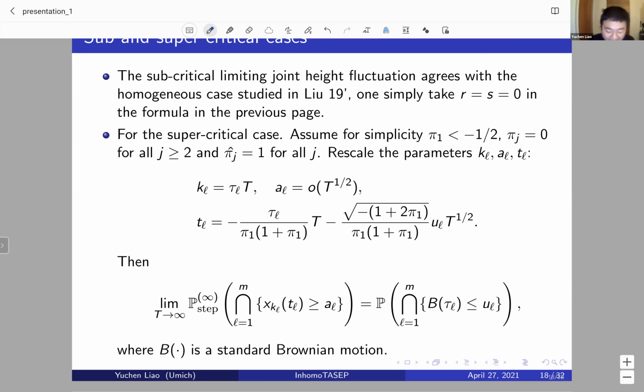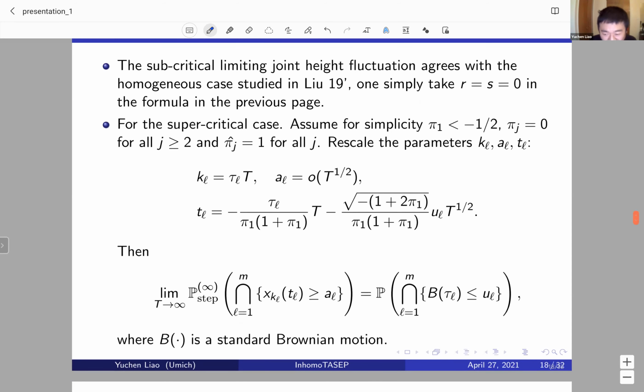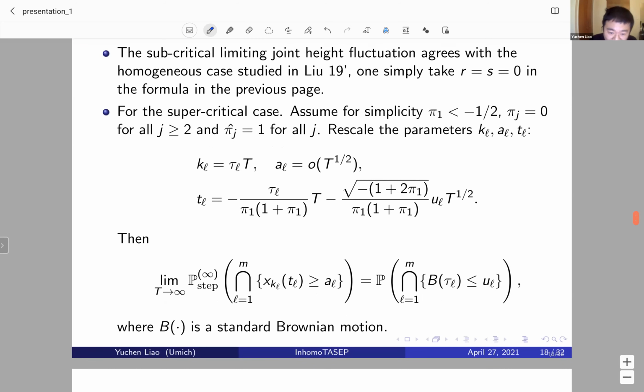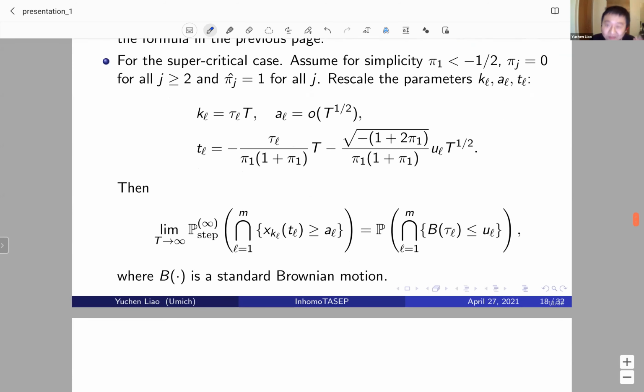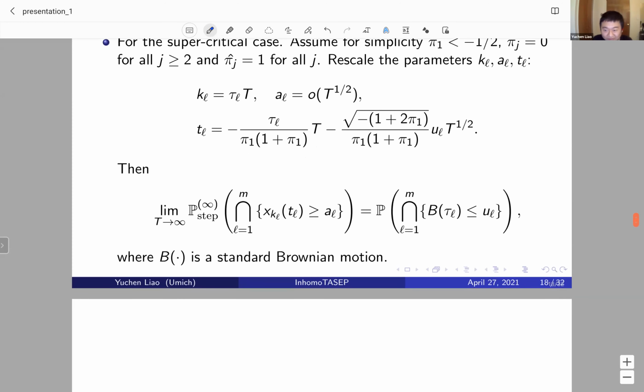So if you look at times t1, t2, then you basically pick up this part of the Brownian motion and so on and so forth. So it's very easy to understand why one expects the joint law to be given by the joint law of Brownian motion at different time locations.